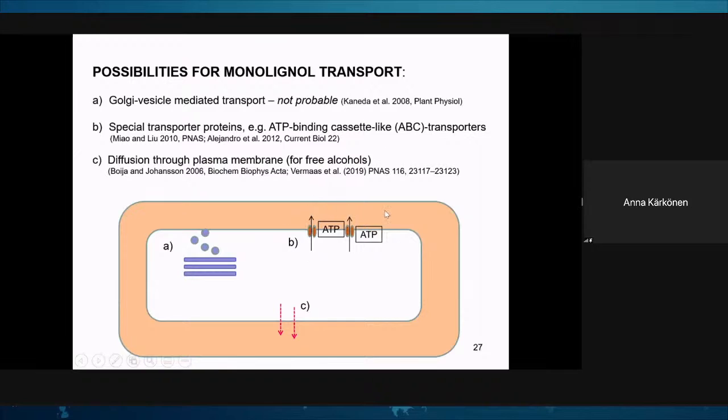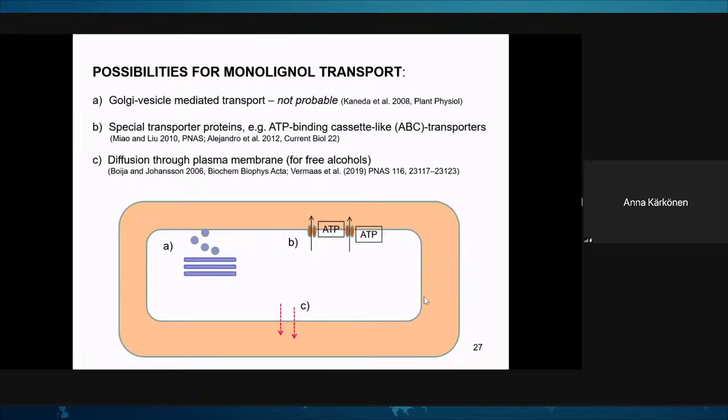Okay, and then there is the idea of specific transporter proteins, for example, ATP binding cassette transporters. For example, in Arabidopsis, there is a protein that has been characterized as a paracoumaryl alcohol transporter, but it doesn't transport coniferyl or sinapyl alcohol that are the main monolignol units.